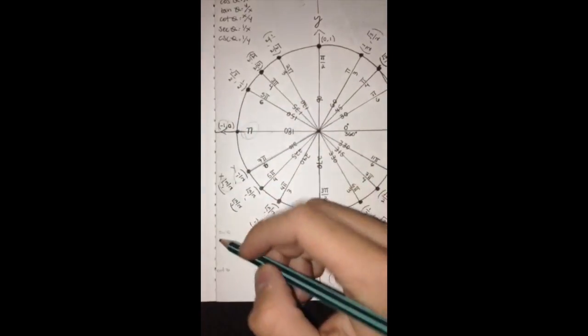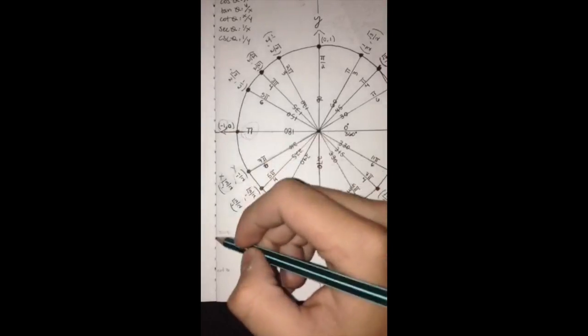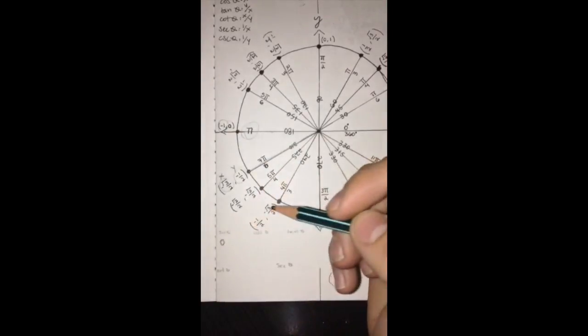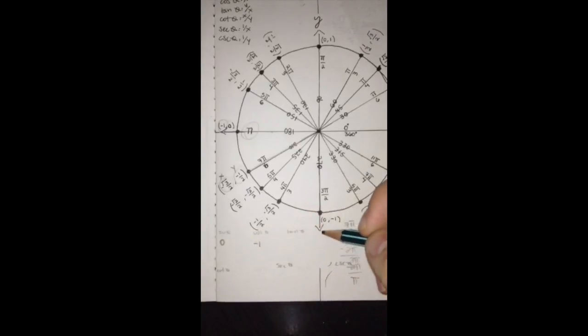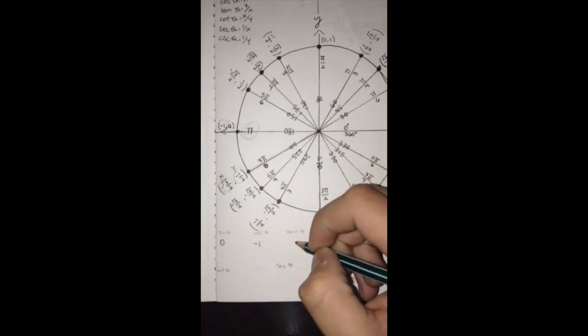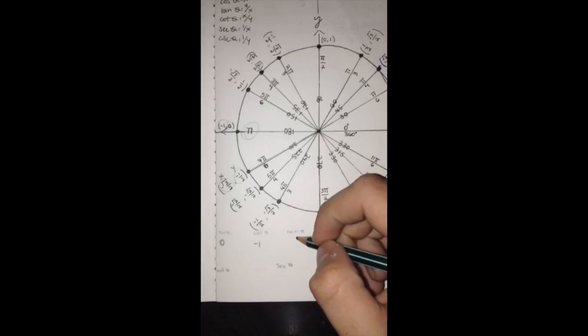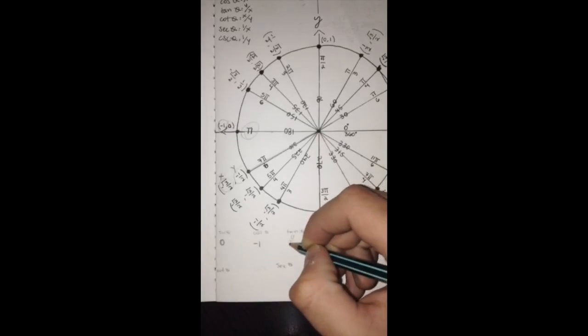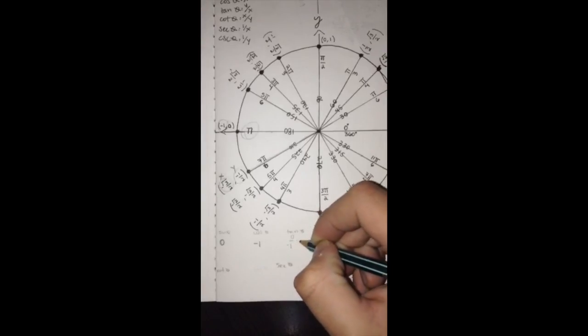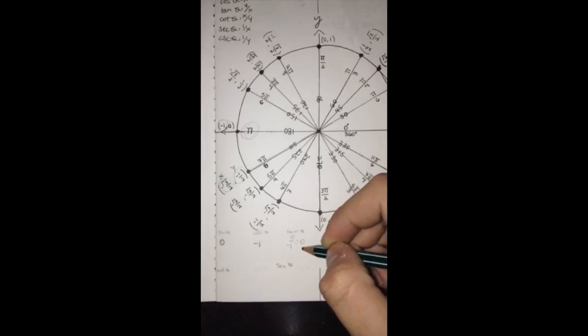So for the sine, which will be y, we're going to have 0. For the cosine, we're going to have minus 1. The tangent, which asks us to divide y over x, will give us 0 over minus 1, which will be equal to 0.